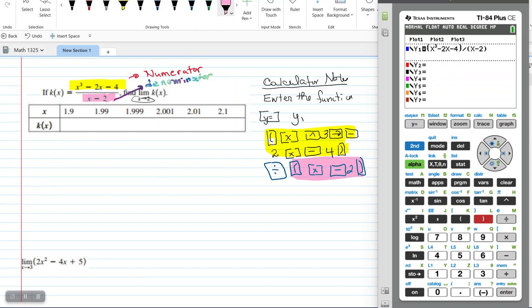And then I'm going to now graph it. To graph it, we're going to start with the zoom key, and we're going to choose number 6.